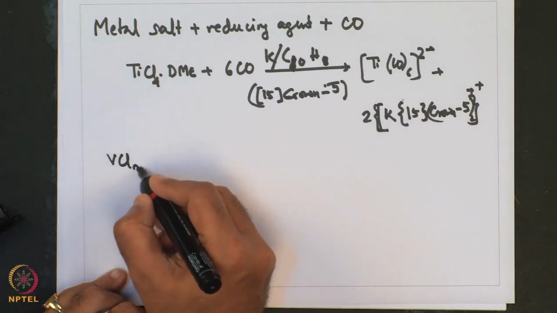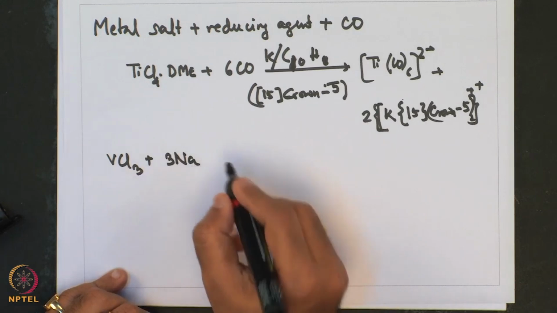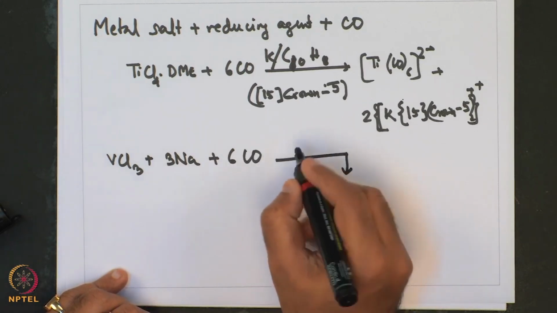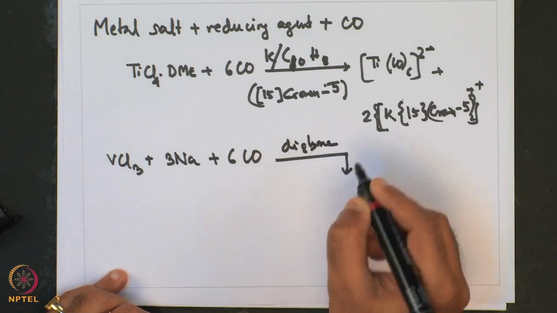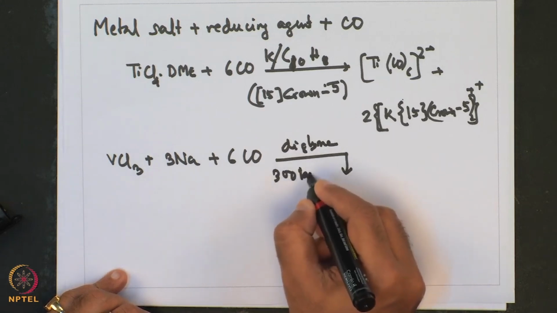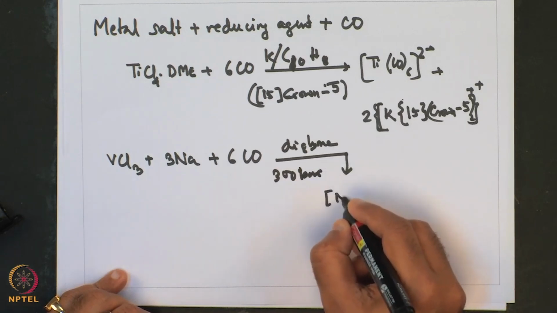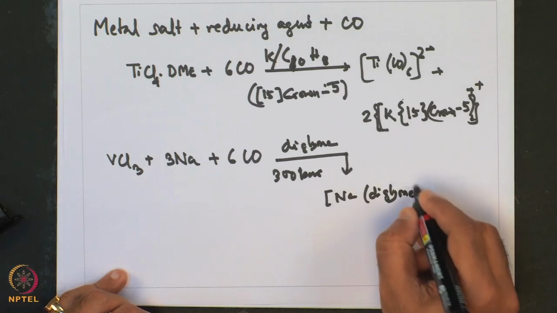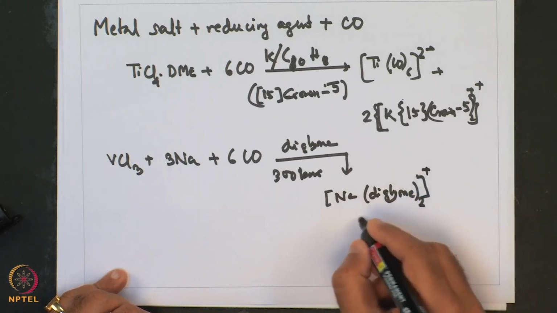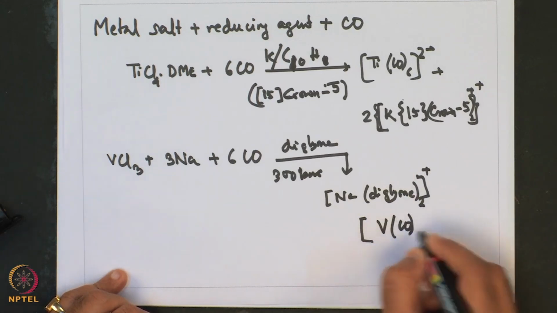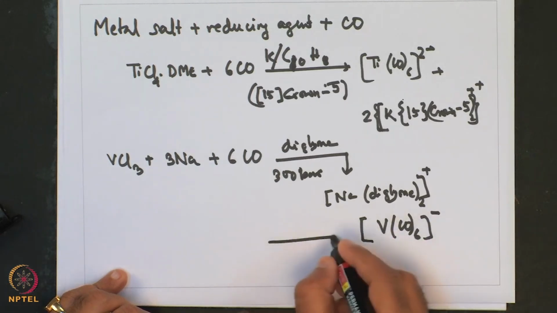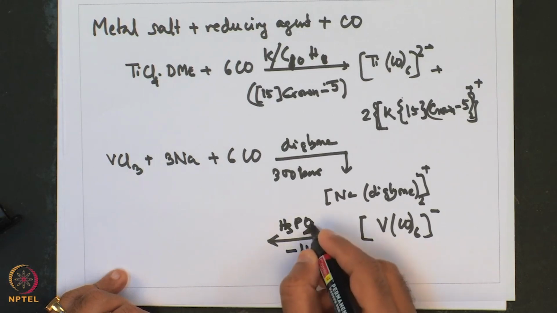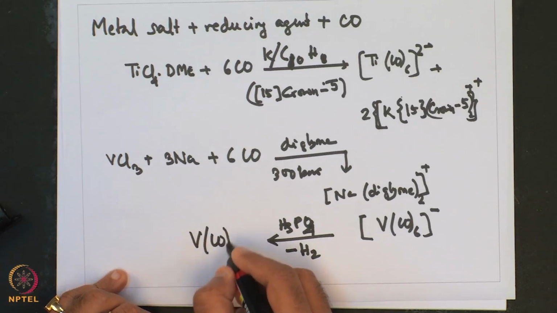Similarly, VCl3 plus 3Na plus 6CO in diglyme at 300 bar pressure gives sodium diglyme 2 plus [V(CO)6]-, that in presence of H3PO4 eliminates a hydrogen to give V(CO)6.